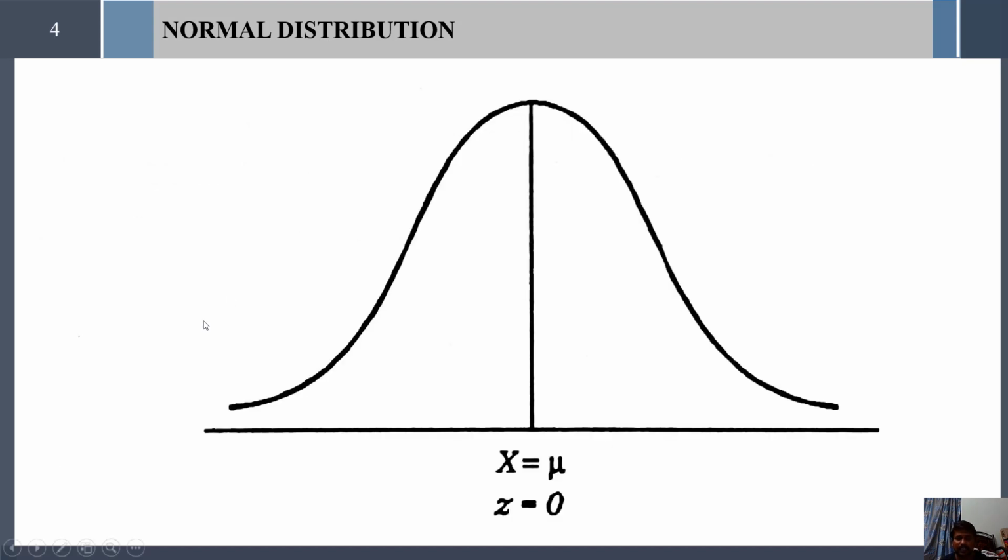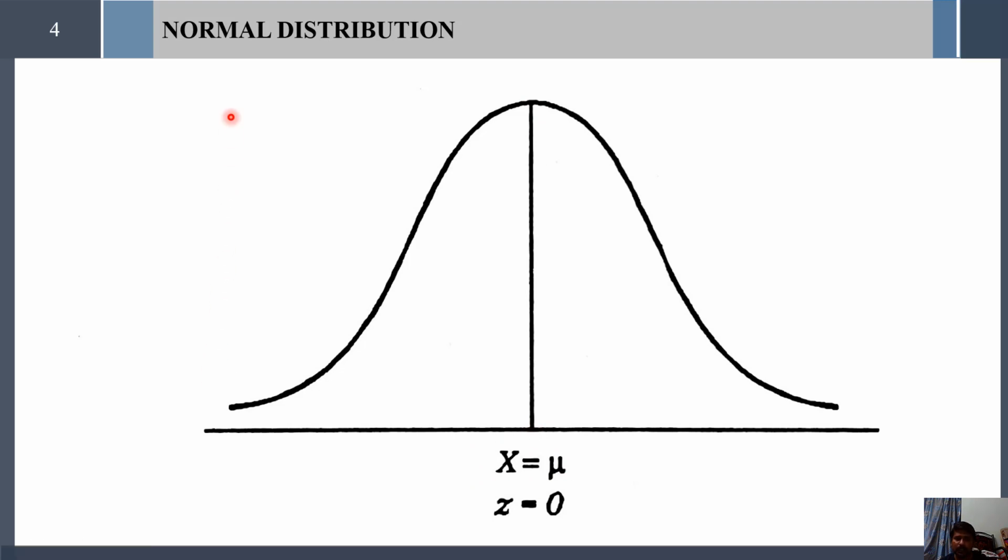Asymptotic means it goes an infinite distance parallel to the line, but it will not touch the x-axis. So this curve is asymptotic and symmetric about x equal to mu, and the mean lies exactly at the center of this normal curve.